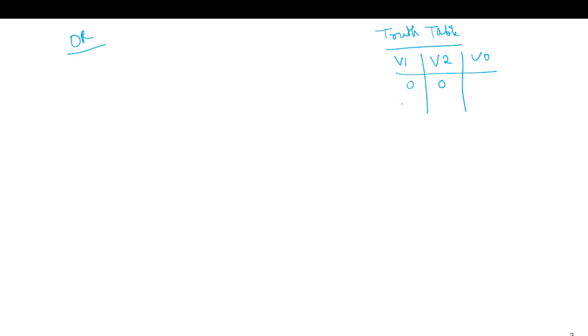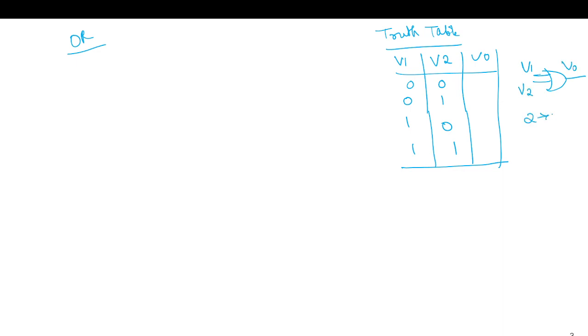So again 0, 0, 0, 1, 1, 1. So all the four combinations we have applied. For OR gate, this is the symbol: V1, V2, V0. Again, this has two inputs and one output. For OR gate operation, 0 or 0 is 0, 0 or 1 is 1. If any one input is 1, the output is 1.